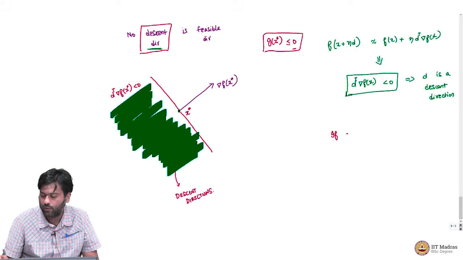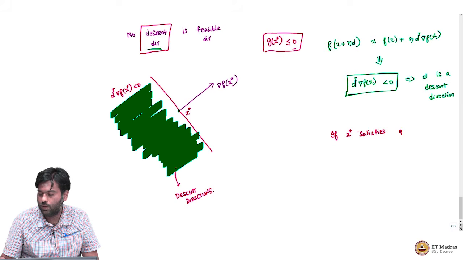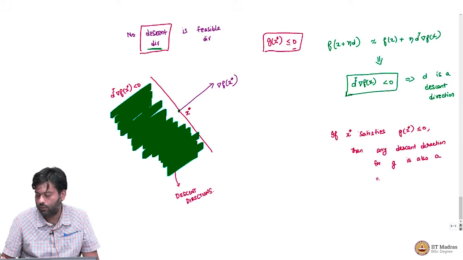So, let me write that: if the point x star that I gave you satisfies g of x star less than or equal to 0, then any descent direction for g is also a feasible direction. Feasible direction for what? Feasible direction for the problem, right.